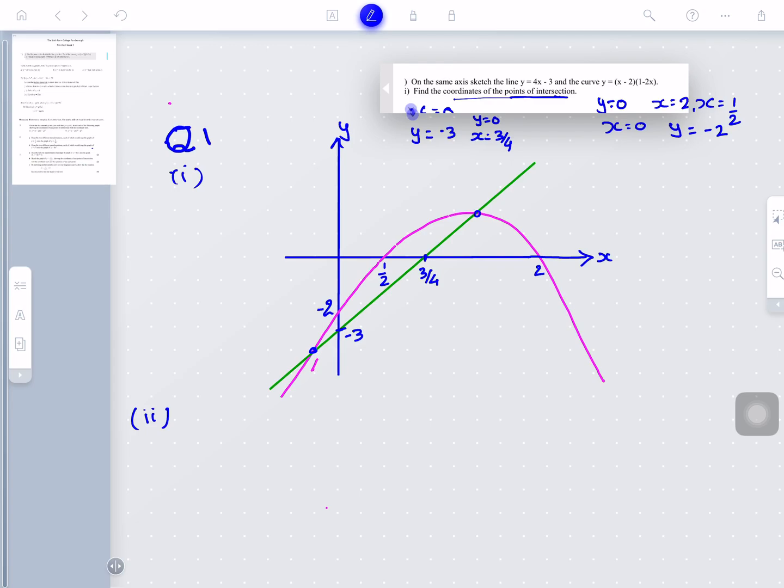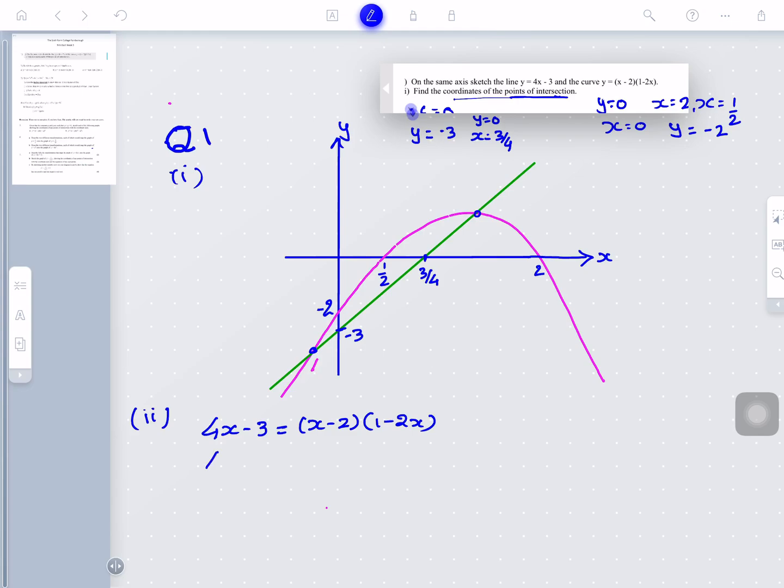Okay, so we know y equals 4x minus 3 and y equals that. They're both equal to y, so we can make them equal to each other. So we get 4x minus 3 equals (x minus 2)(1 minus 2x). Now you expand; there's no other option.